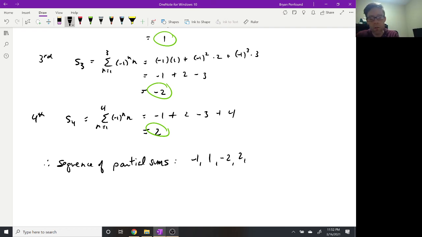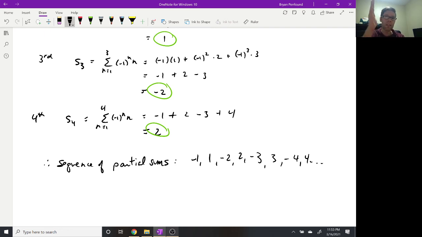And you can probably see where this sequence is going. We should get, is it -3 next? I need to be careful that I'm not actually going up by 2's here. So it's going to be -3, +3, then -4, +4, and so on and so on.